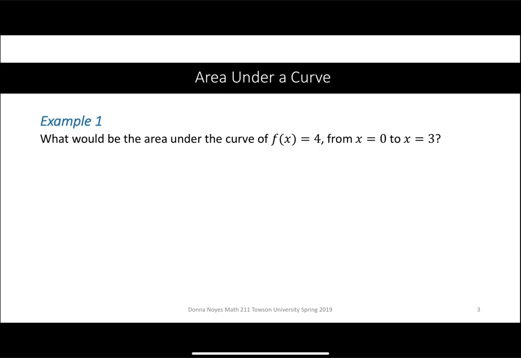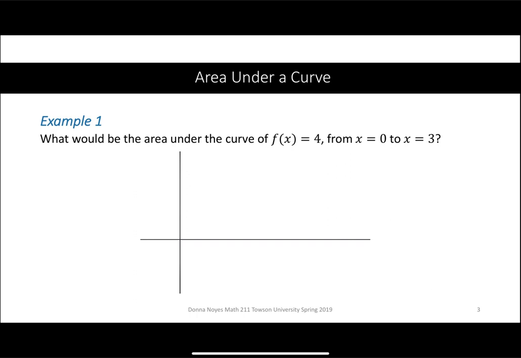Let's take, for example, what we think we would do to find the area under the curve of f of x equals 4 from x equals 0 to x equals 3. Well, we have to consider what is the graph of f of x equals 4. So that graph, you would have to have an x-axis. You would have to have a y-axis.